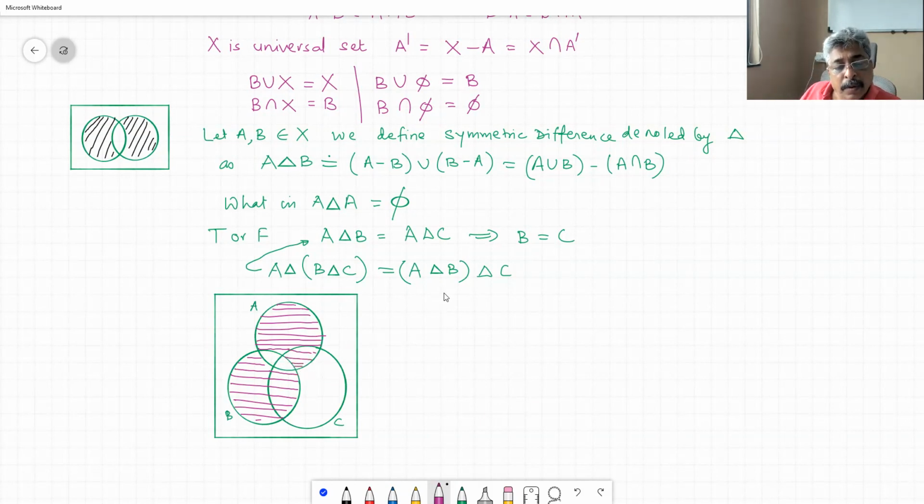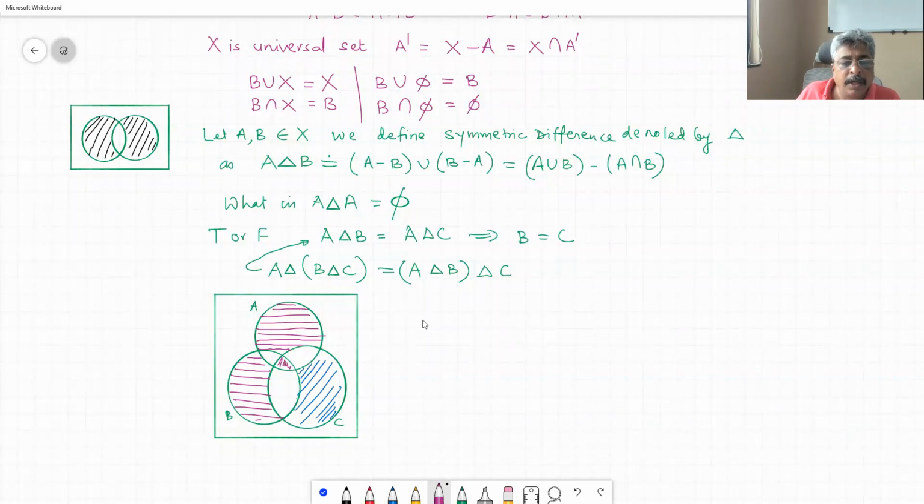And delta C. That means we are supposed to add this quantity and remove this quantity and add the intersection.